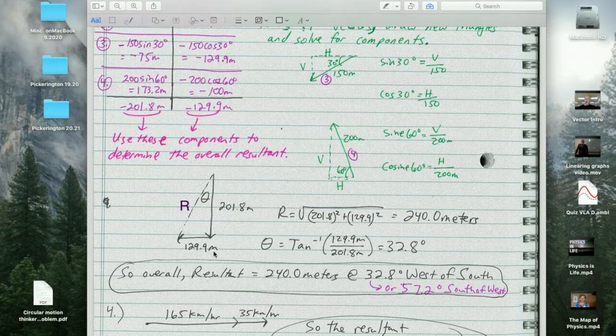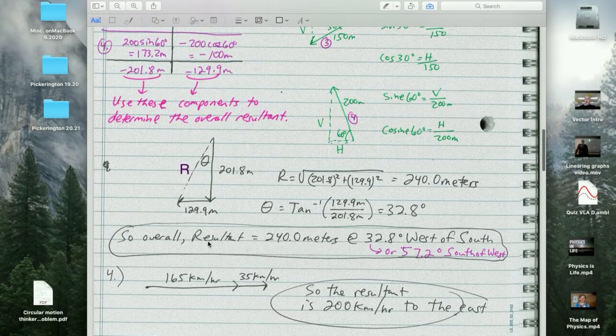So inverse tangent of 129.9 over 201.8 gives me 32.8 degrees. So overall, this resultant is 240 meters at 32.8 degrees west of south. Or if you set your triangle up differently, it could be 240 meters at 57.2 degrees south of west.